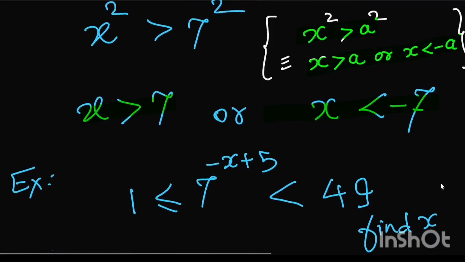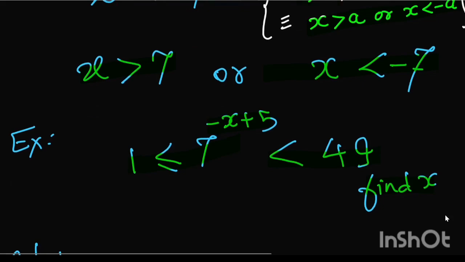Similarly, in the next one, 1 less than or equal to 7 to the power minus x plus 5 less than 49, we have to find x. So what should be the approach? The hint is to express everything in the power of 7, so that 7 is removed and the powers are associated by the same sign because the base is greater than 1.